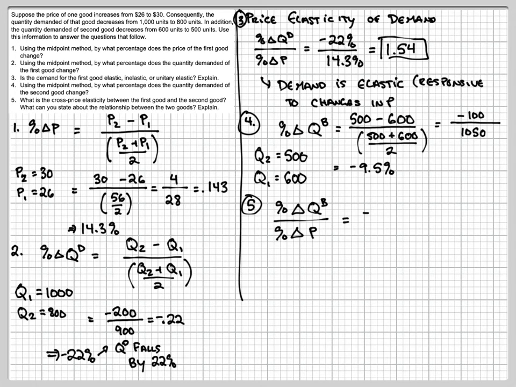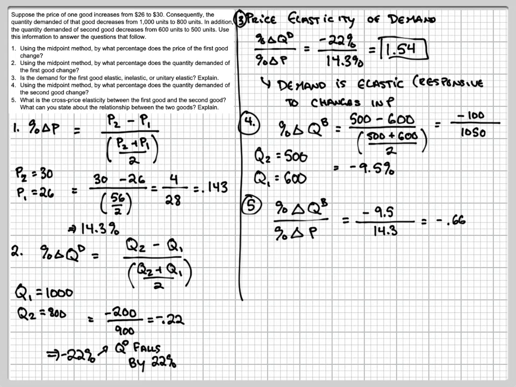So this is minus 9.5 divided by 14.3, or negative 0.66. So the way you interpret this is that a 1% increase in the price of the first good leads to a decrease in demand by 0.66% of the second good.